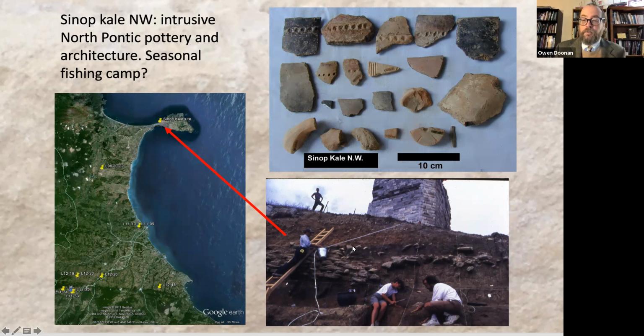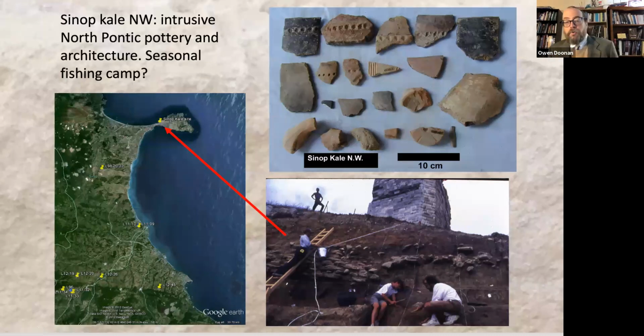And we, in 2000, with the support of the National Geographic Society and permission from the Turkish Ministry of Culture, we were able to make a scarp cut, just basically clean back the face of this erosion scarp, and we recorded a number of prehistoric houses that were layered one on top of the other.